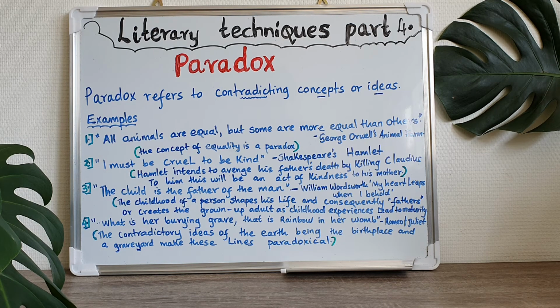What is her barren grave? That is rainbow in her womb. So here you have a paradox, because on one hand you're talking about a grave, and then you're also talking about a womb. Now, one connects with the idea of life, and the other one we connect to the idea of death.